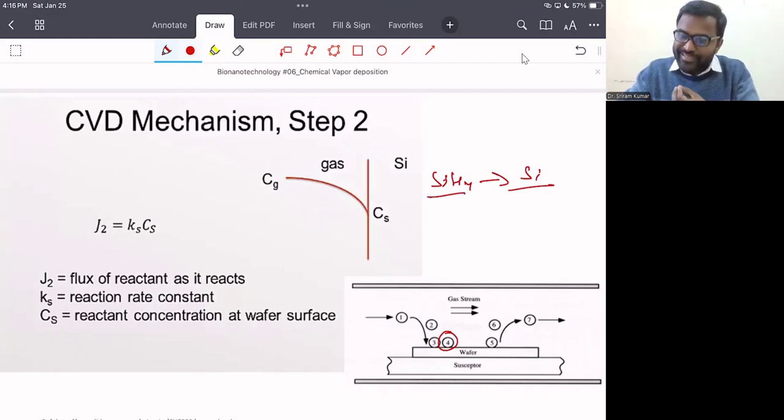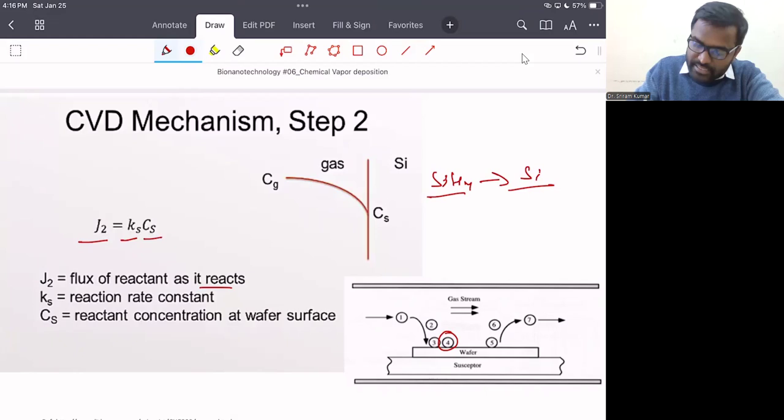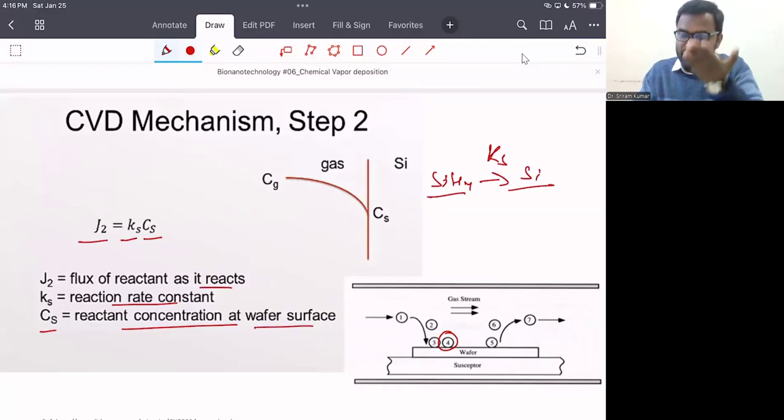For that, we will explain the kinetics in terms of the flux. So here the flux of the reactant as it reacts is equal to Ks times Cs, where Ks is the rate constant of this reaction, and Cs is the concentration of the reactant at the surface.